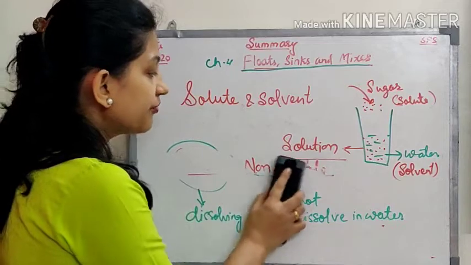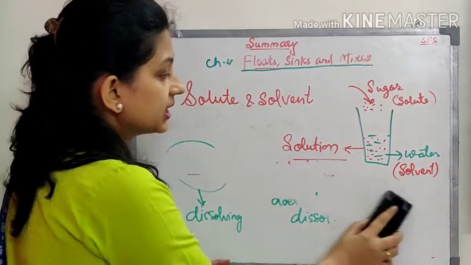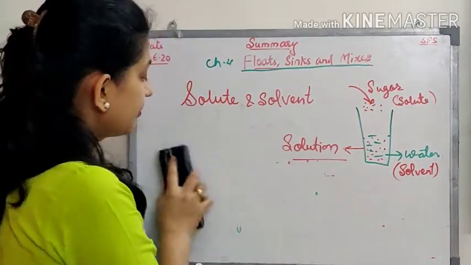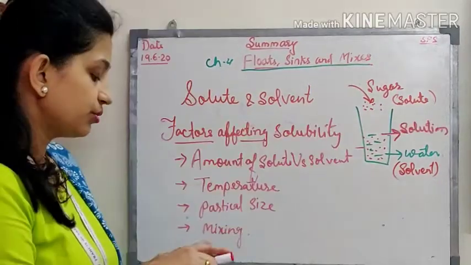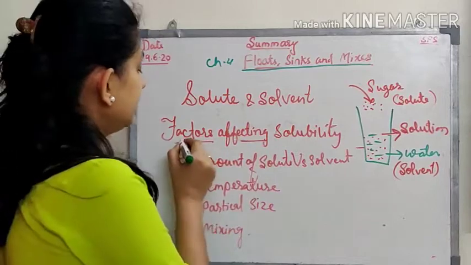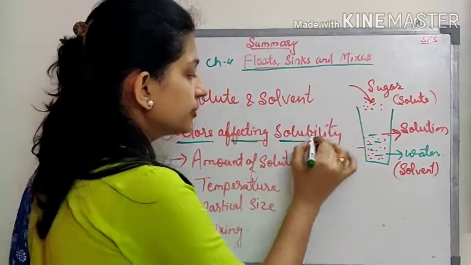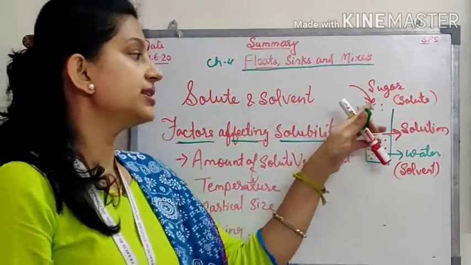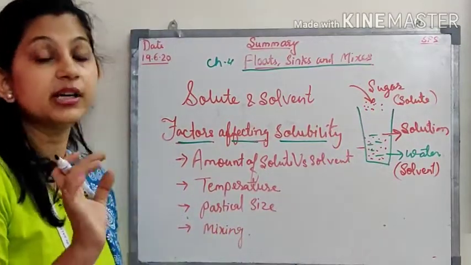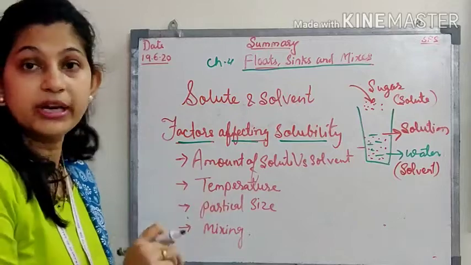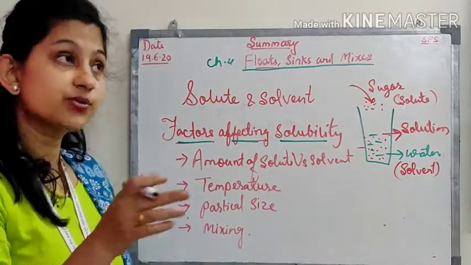Now there were a few factors which affected the mixing or formation of these things. Coming to the factors affecting solubility. That means if any substance is getting dissolved in water or any other solvent, there are a few factors which regulate or affect it.